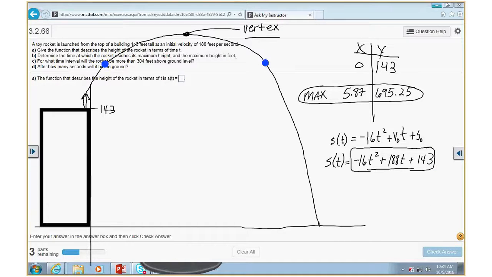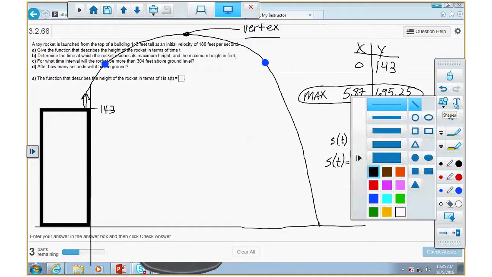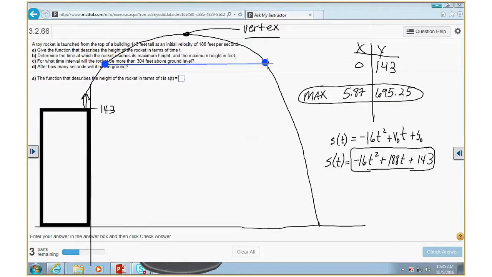Well, it's going to be there. And it's going to be over here, because the parabola is symmetrical, right? So there's 304 feet. For that 304 feet, we take our handy dandy straight line maker and color it blue. Can't you say that all of this area up here is above 304 feet?